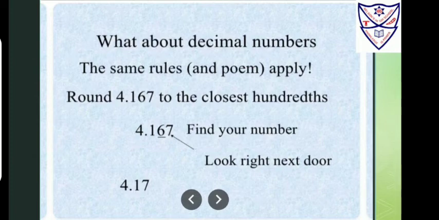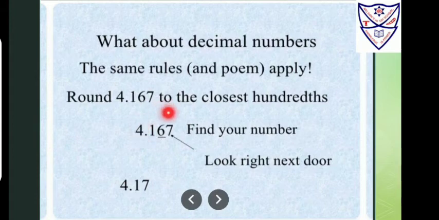Now see here, round 4.167 to the closest hundredth. Find your number. Here, 4 is a whole number. Then 1 comes on the tenths place. 6 comes on the hundredths place. So 6 is our number. Now look to the right next door. On the right side, 7 is there.